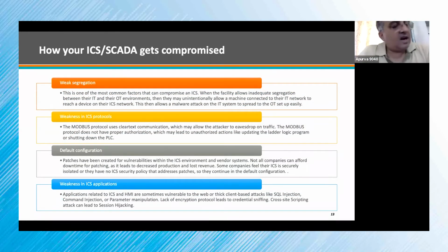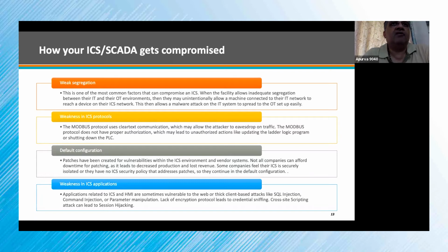How does your SCADA get compromised? One major thing today is that we are integrating IT and OT, but because of business pressure and other things, we do not segregate the network between IT and OT. This is a major challenge in the compromise of SCADA systems.